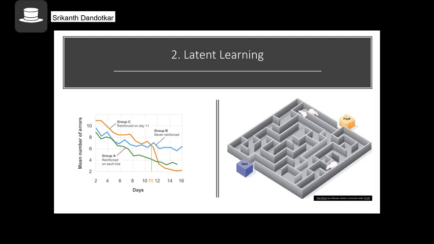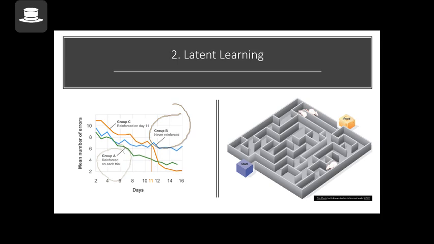As you can see, the newly reinforced rats in group C actually performed better than the other two groups, as the error rate drops for the orange one more than group A that was always reinforced and group B that was never reinforced, suggesting that the rats in group B, in fact, learned anyways.